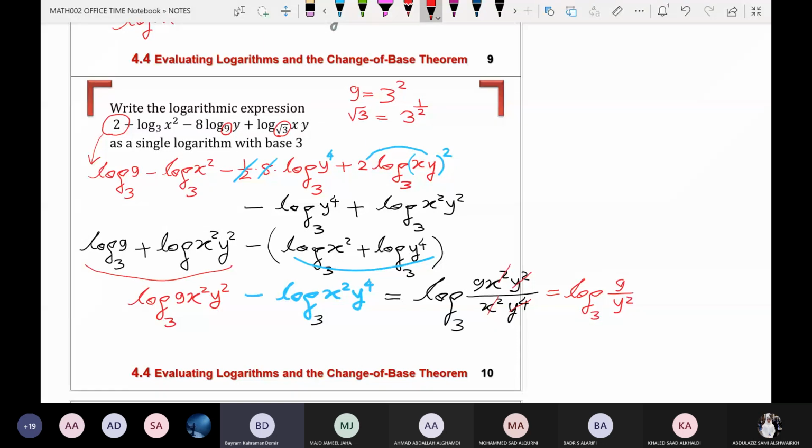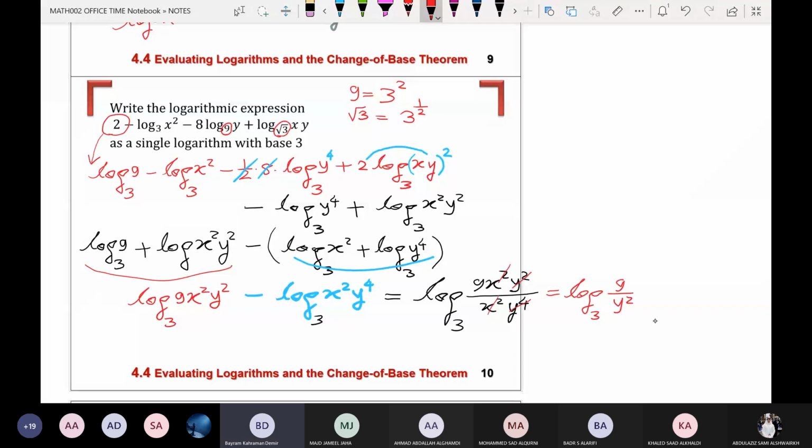Now what you have to do, Shabab, in the exam, these steps are taking a long time, right? But what you need to understand is, if you have a negative logarithm, that means we are writing the arguments at the denominator. If we have a positive logarithm, then we are writing the arguments at the numerator.